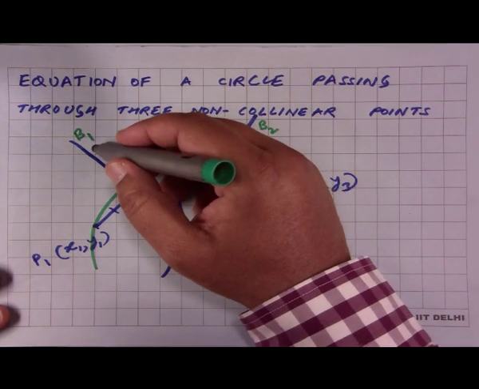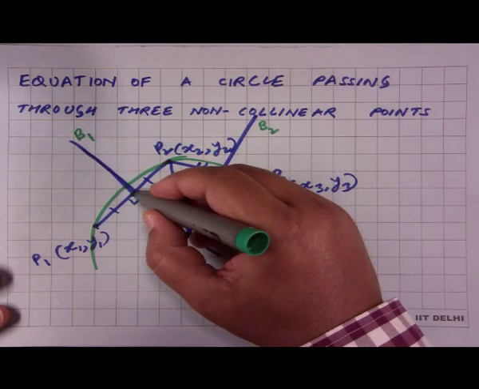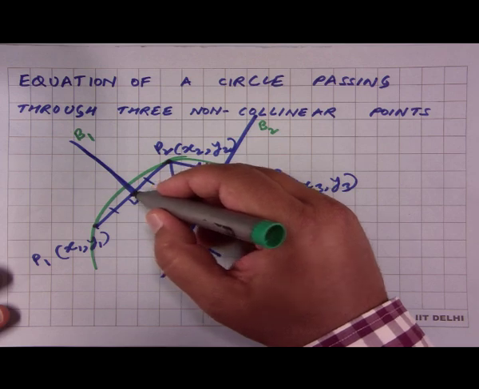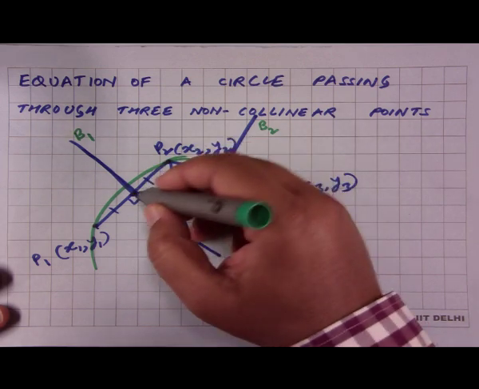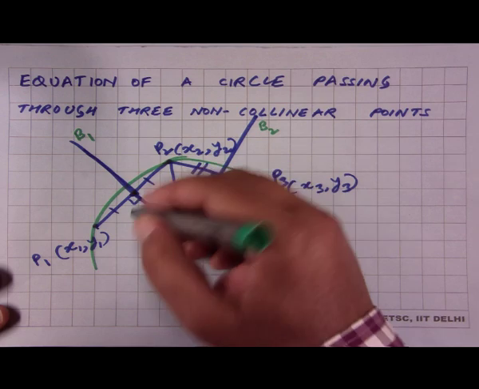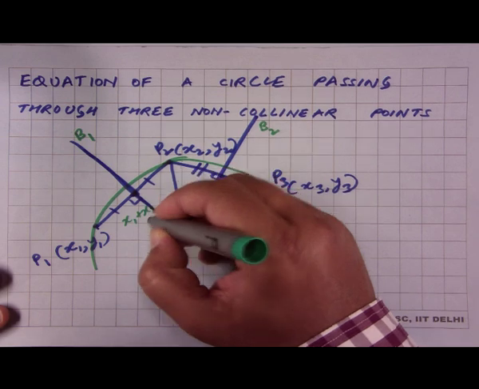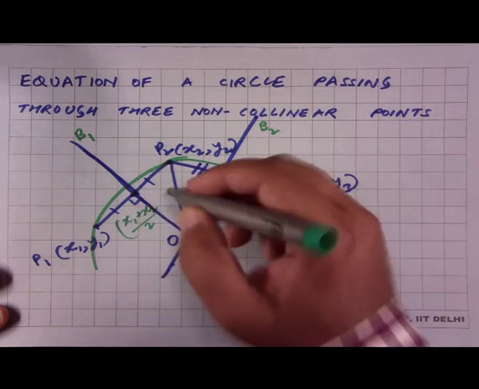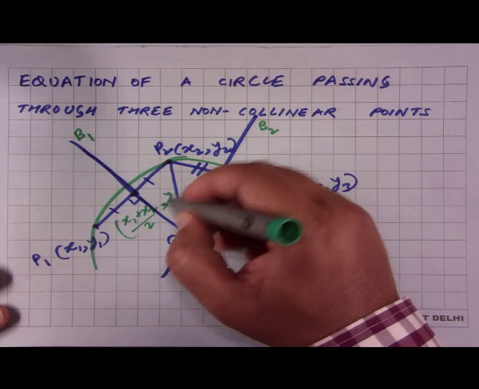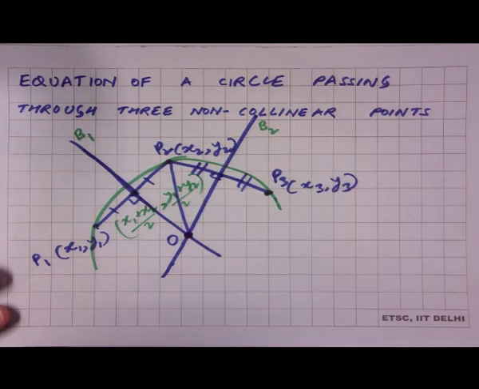This bisector B1 will pass through the midpoint of the chord, and the coordinates of the midpoint of this chord is x1 plus x2 over 2, y1 plus y2 over 2.